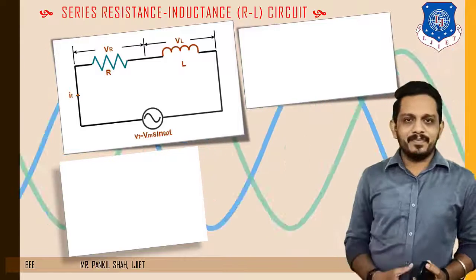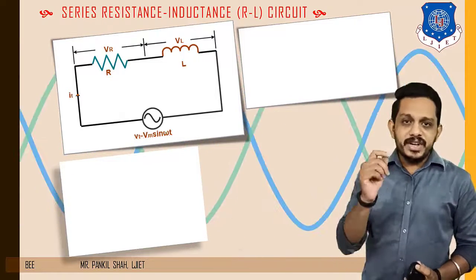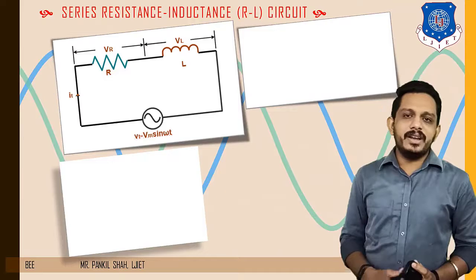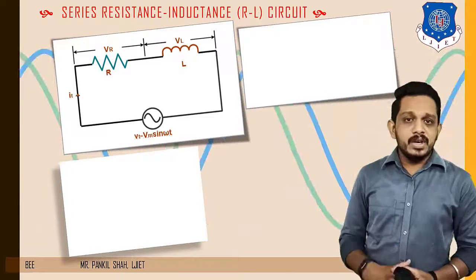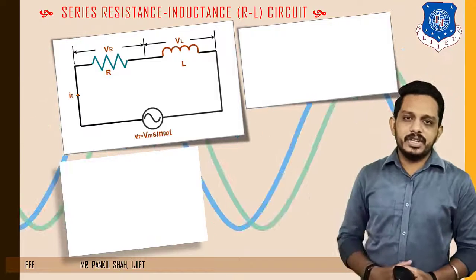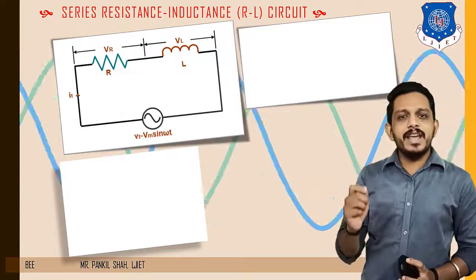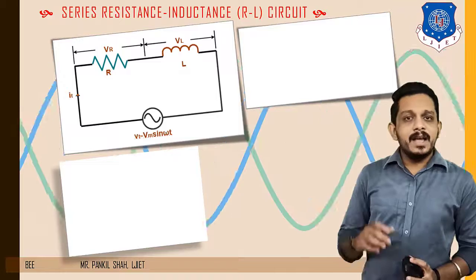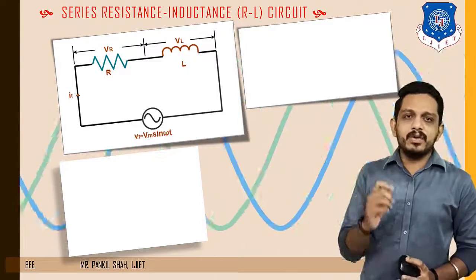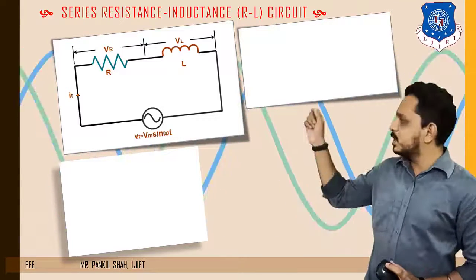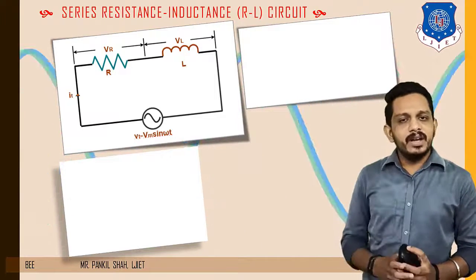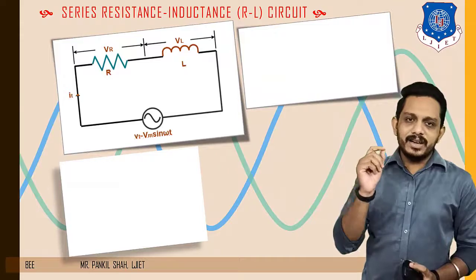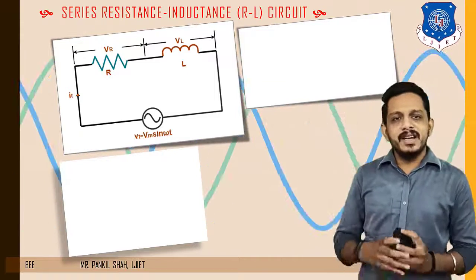In this diagram, v(t) is the instantaneous value of the voltage and we have taken voltage as the reference. So the equation of voltage is v(t) = Vm sin omega t. Now we need to find the equation of current. In this figure, i(t) is the instantaneous value of the current, so we need to find the equation of the instantaneous current.